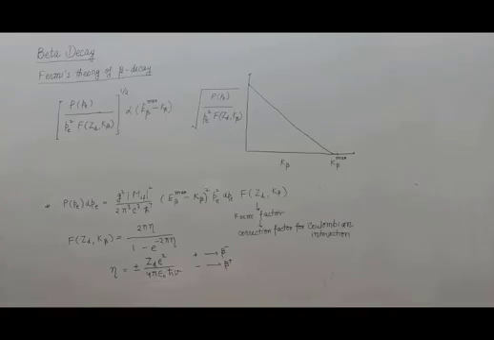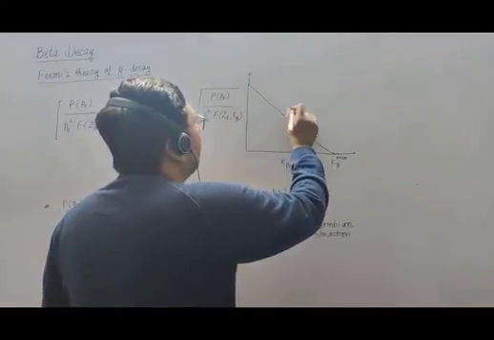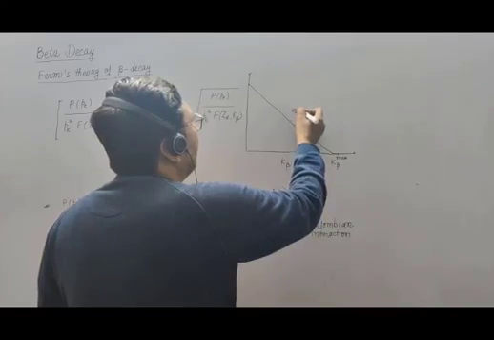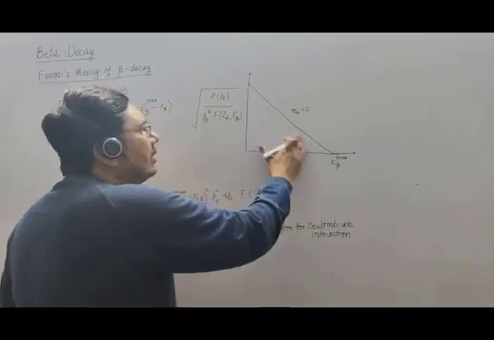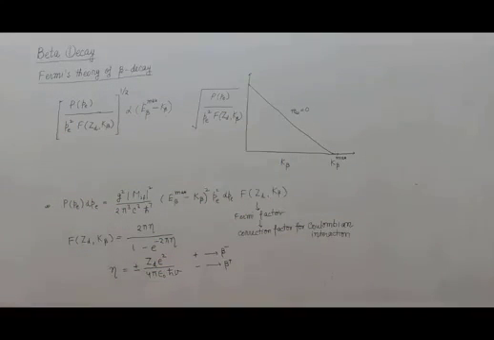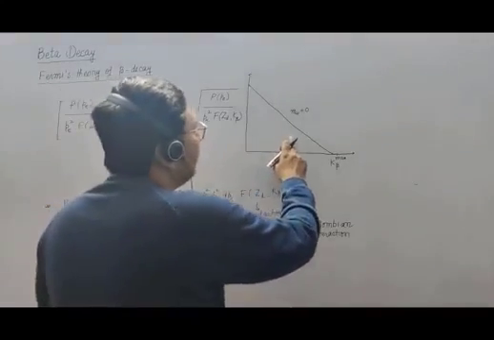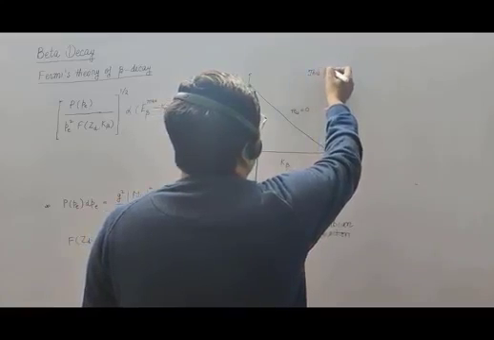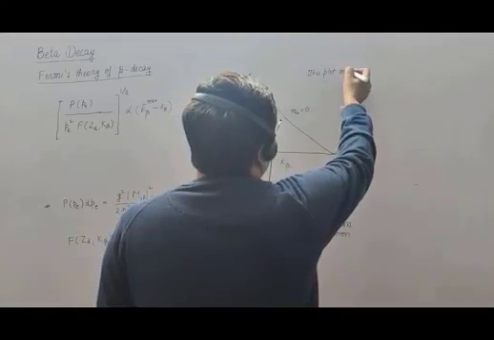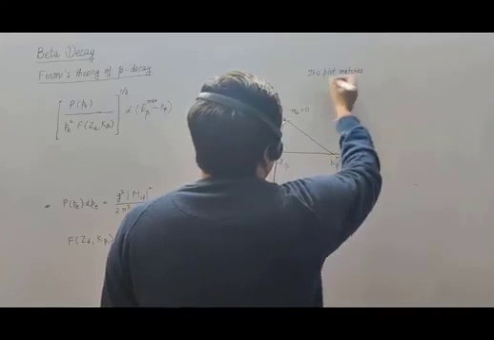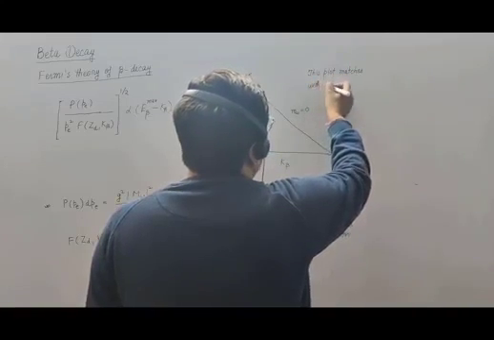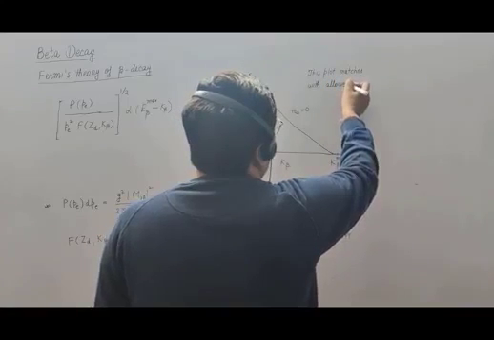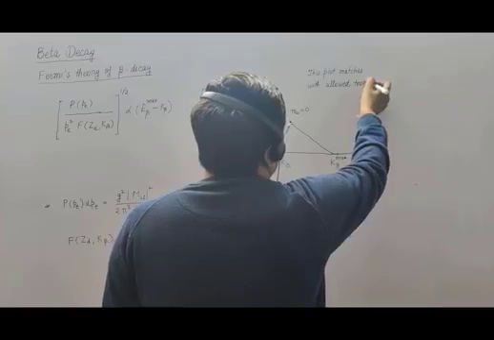We have plotted this graph by assuming that the mass of the neutrino is exactly 0, and this type of plot matches the plots for allowed transitions.